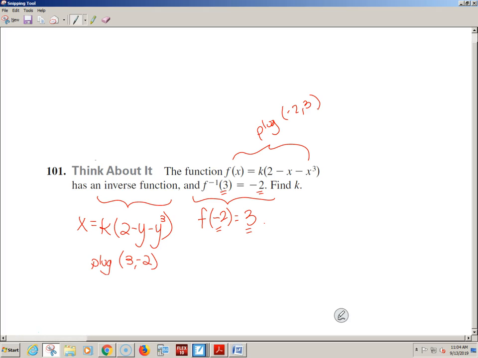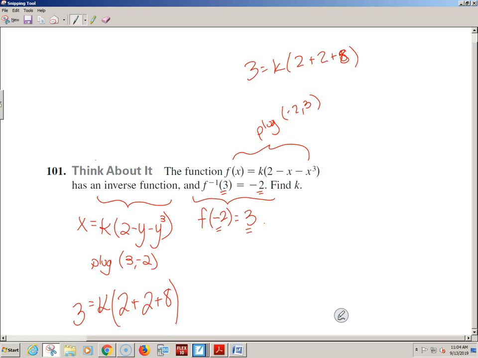Either way you do it, the math is going to work out well, because this one, the 3 goes there. I end up with k times 2 minus negative 2, minus negative 2 cubed, which would be plus. That's not a negative. There you go. If you had done it this way, you would have plugged in the x there. So actually, the math ends up the exact same place.